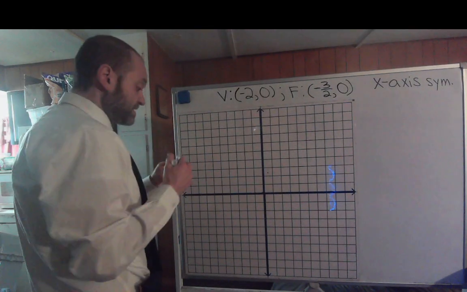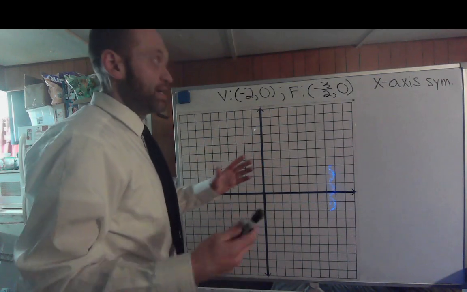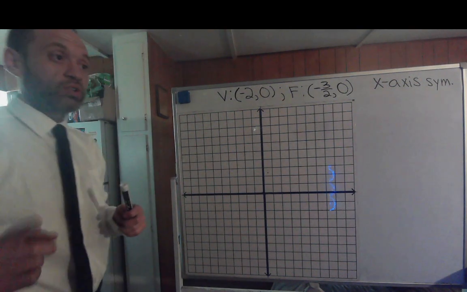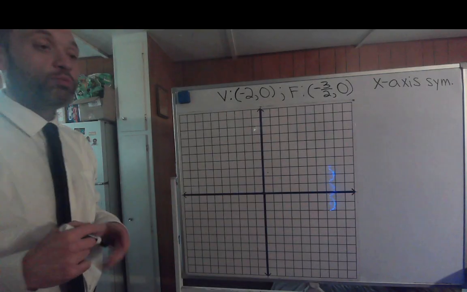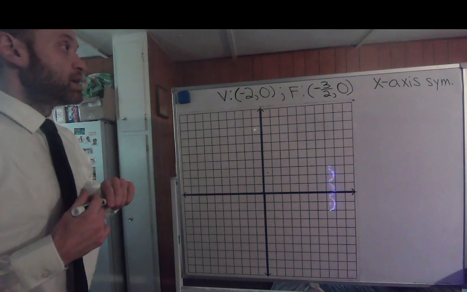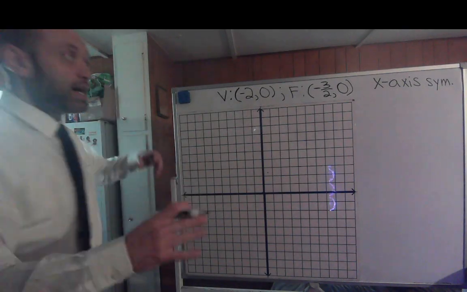Well, if it's x-axis symmetry, that means that x is the linear variable, y is the quadratic. We can actually start initially forming this equation. It won't be the full equation yet, but we can lay the foundation. So x would be the linear, that means y is the quadratic.